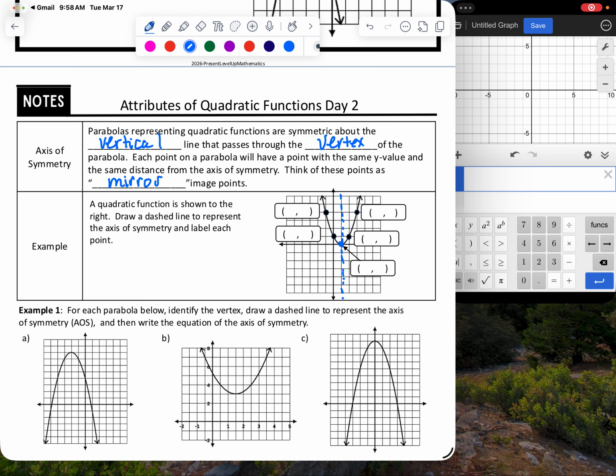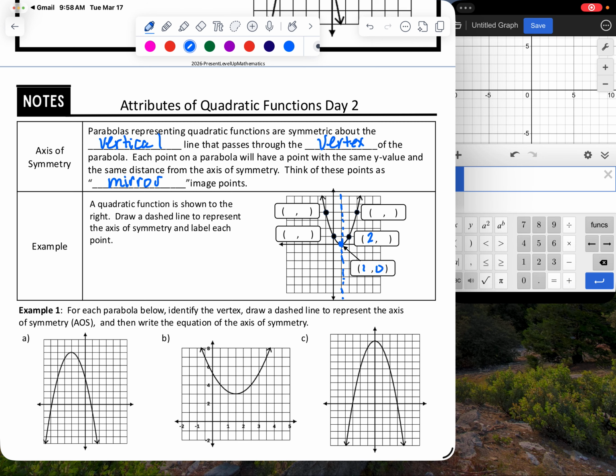Now, in this problem, our vertex is at the point 1, 0. If I go 1 unit to the right and 1 unit to the left, let's see what our coordinate points would be. If I go 1 unit to the right, that would be at x equals 2.